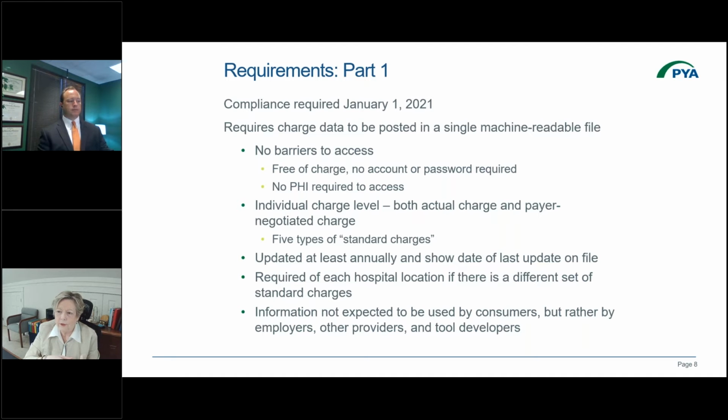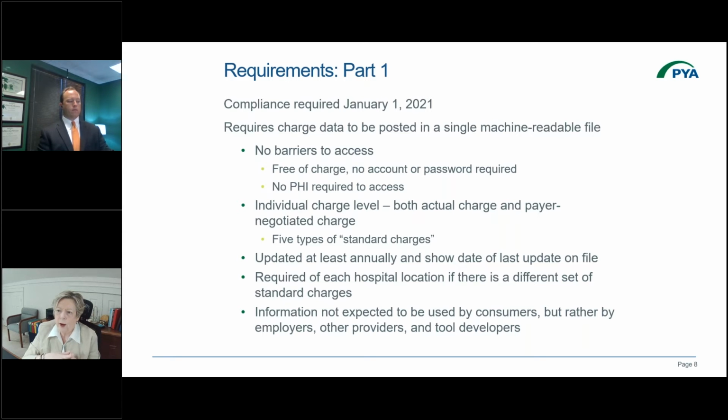As well as you're going to be posting your gross charge, your discount for the uninsured or the self-pay individual, your negotiated rate with the payer, your de-identified minimum across all your payers, and your de-identified maximum across all your payers. So for each charge item in your charge master, you would wind up posting up to 5 individual charges depending upon whether or not you had a specific negotiated rate for a payer.